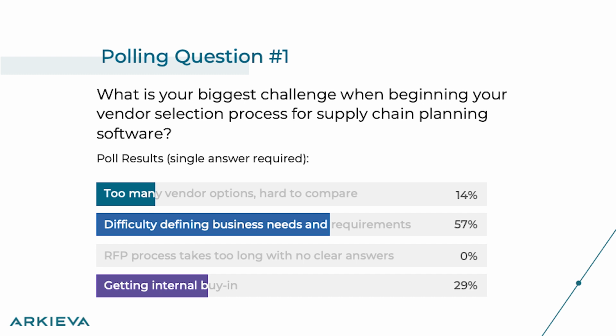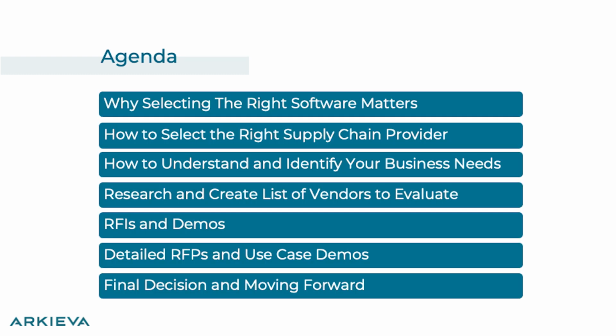So with that, I will hand things over to Sujit. Thank you, Kristen. All right, so let's look at the agenda. We'll talk a little bit about why selecting the right software matters. And then we'll jump into the nitty-gritty of how to select the right provider. In that part of the process, you have to understand and identify your business needs.